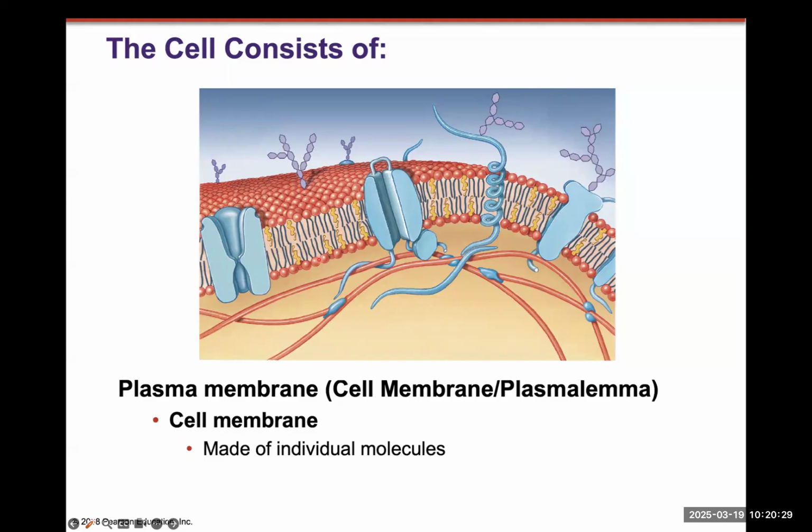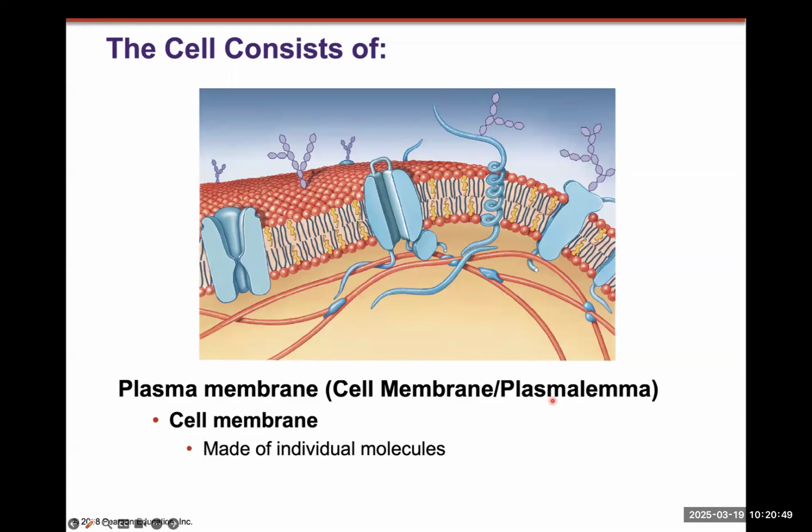What's frustrating is that there are actually three names for this. One is plasma membrane. Another is cell membrane. And maybe you didn't hear about this one, but another is called plasma lemma. So why do you need to know all three?